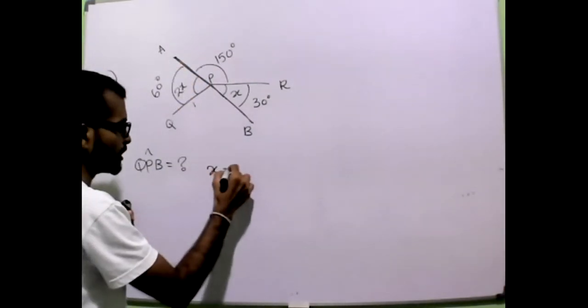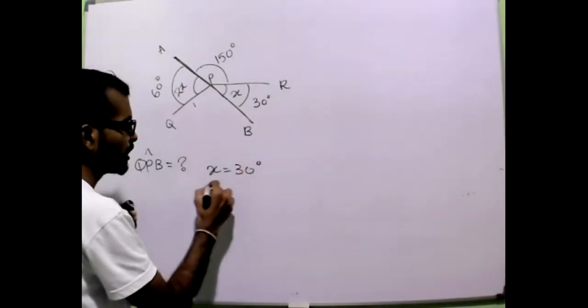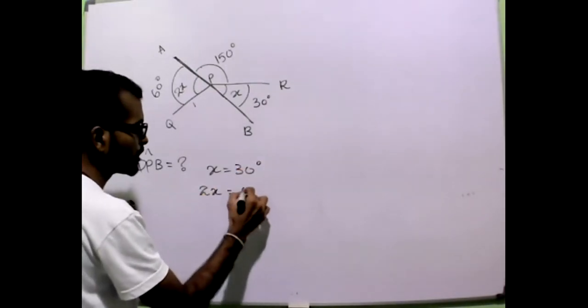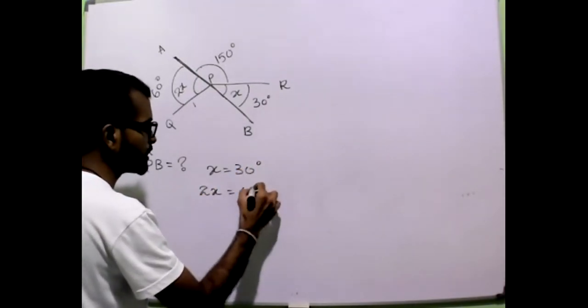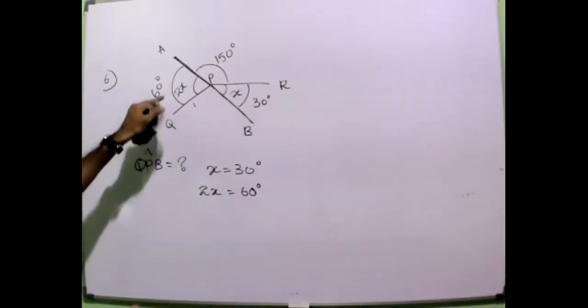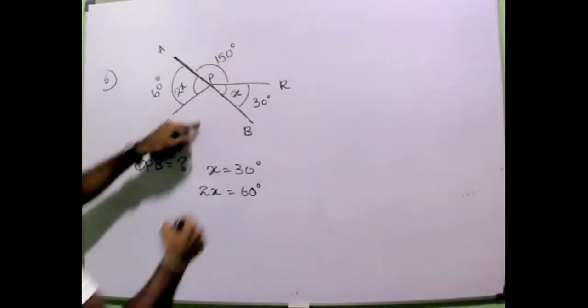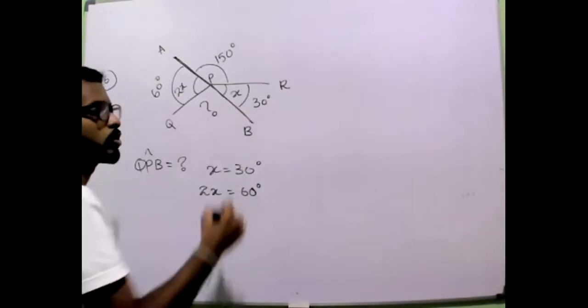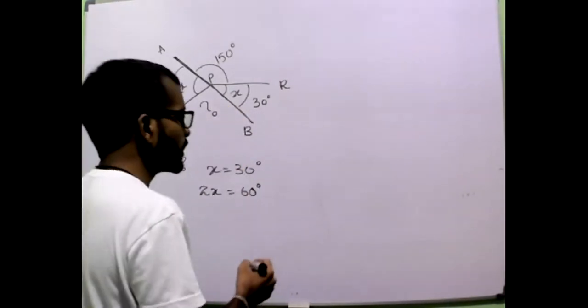So x is 30, we have found it earlier. Then 2x equals 2 times 30, that means 60. Now three angles are known. This is the angle that we do not know, so we have to find that.